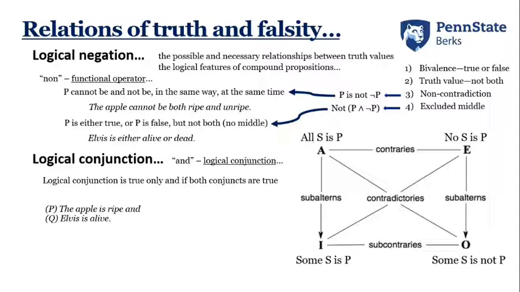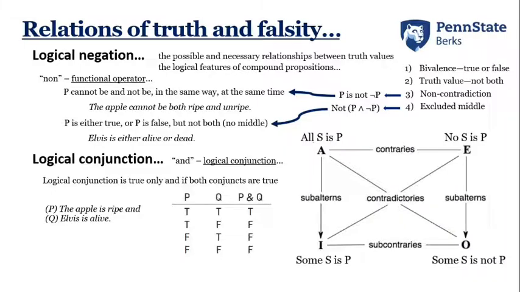So if we have two propositions, the first one labeled P, the apple is ripe, and the second proposition labeled Q, Elvis is alive. Now, the minute we connect those with the conjunct and, both of those things have to be true for that entire compound proposition to be true. If both of those aren't true, or even if one of them is not true, then it's false.